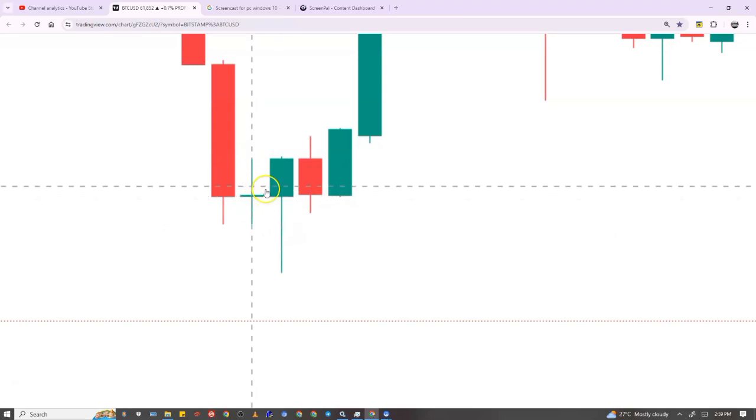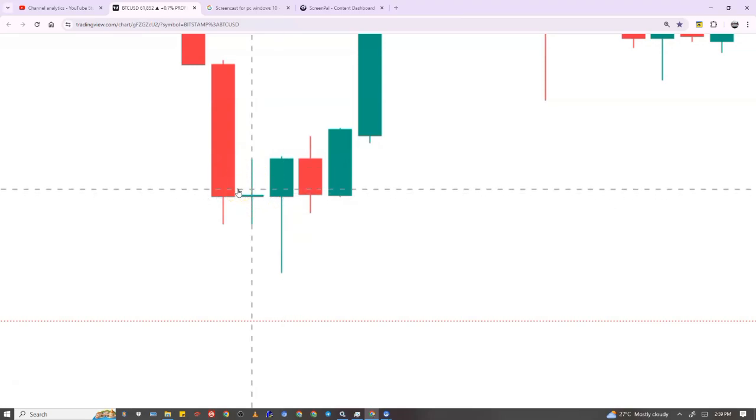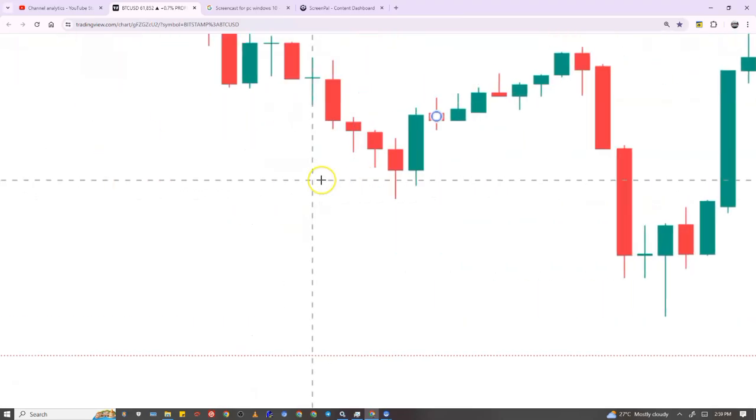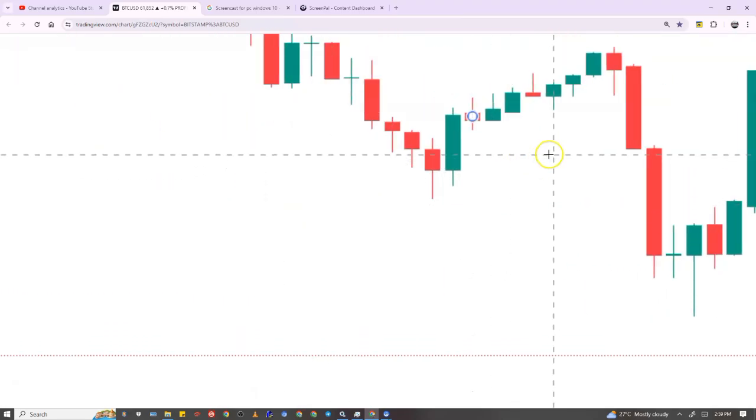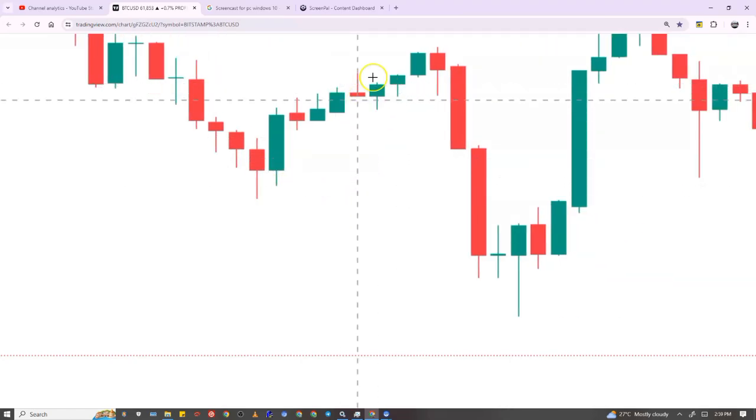What it simply means is that buyers opened this candle from the down and pushed to the upside, then sellers pushed it to the downside, then it ended up with nobody. So it is called a doji candle because it has a tiny wick. It means buyers and sellers are both present in this market. If you go further to analyze that single candle, you will see what we mean.